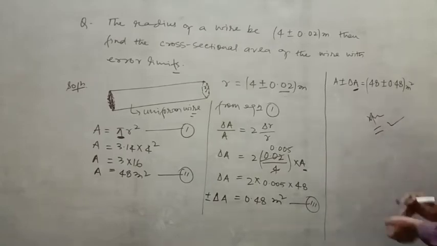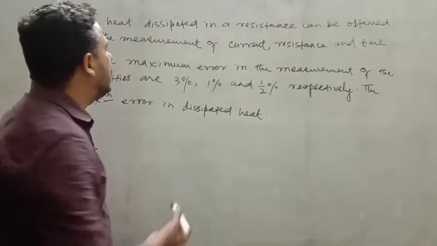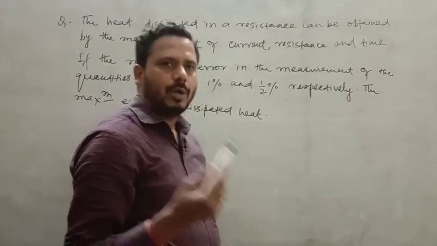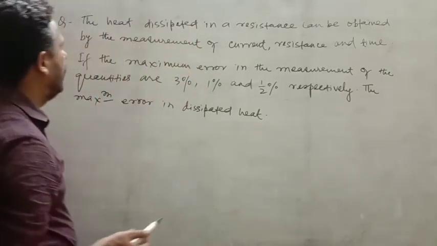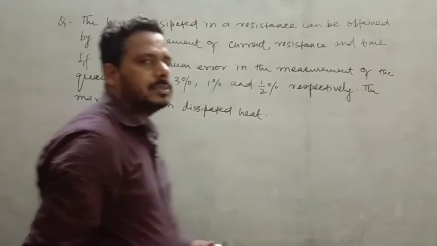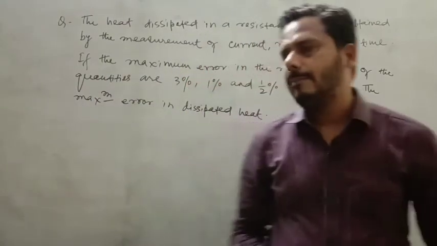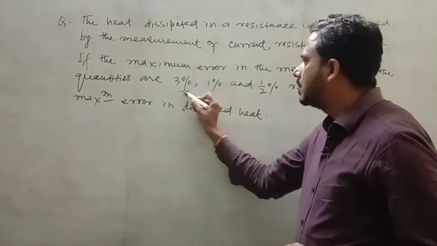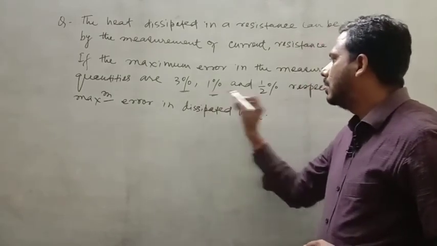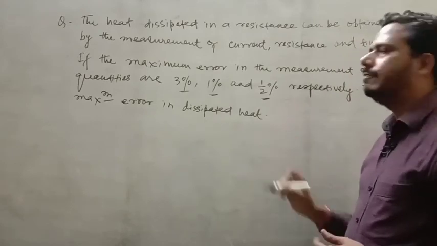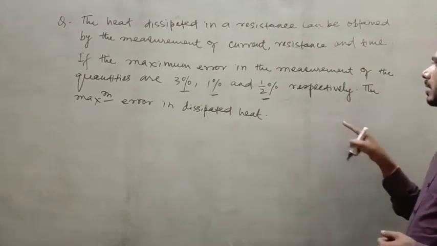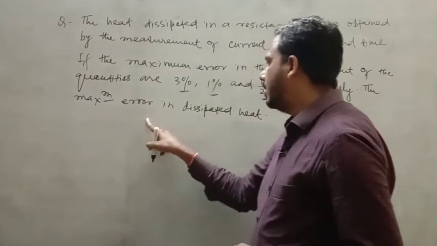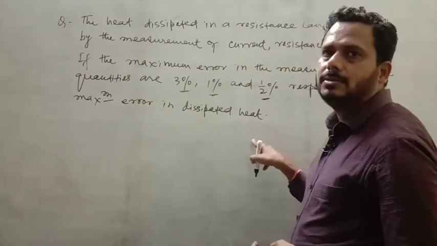Alright. Another question is that the heat dissipated in a resistance can be obtained by the measurement of the current, resistance and time, and these are given as 3%, 1% and 0.5%. So now here you have to find the maximum error in dissipated heat through resistance.